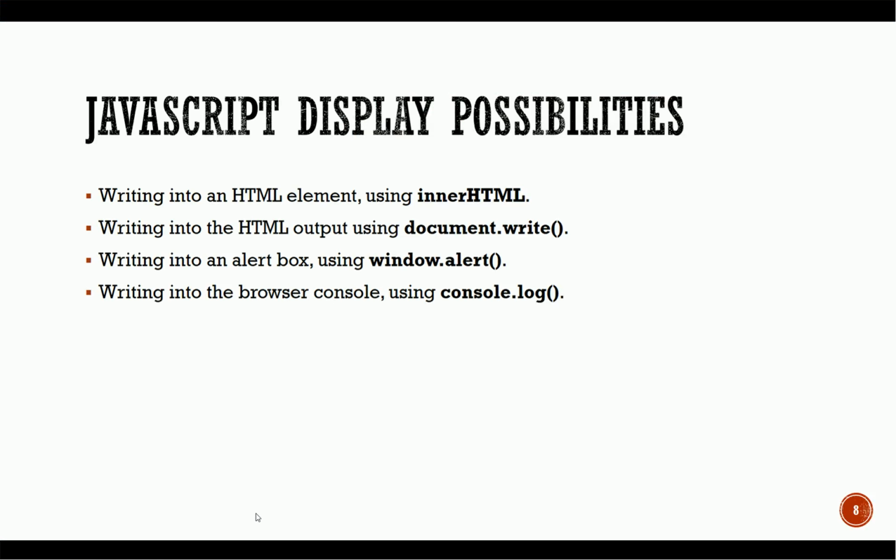So as you have seen, we use an alert box to show the outcome of a JavaScript code. There are other ways to display the JavaScript outcome as well. We can write directly in our HTML documents, which means using JavaScript to generate a part of your page for you.